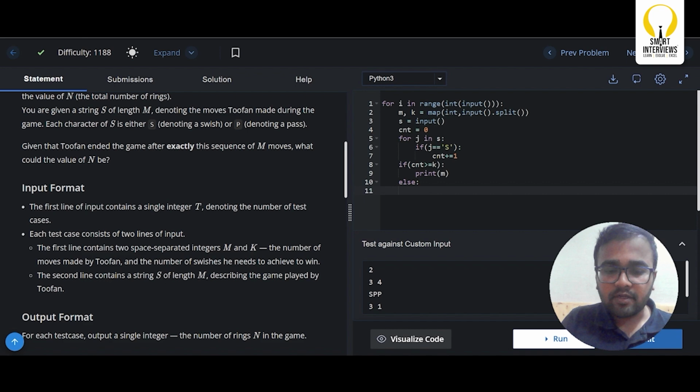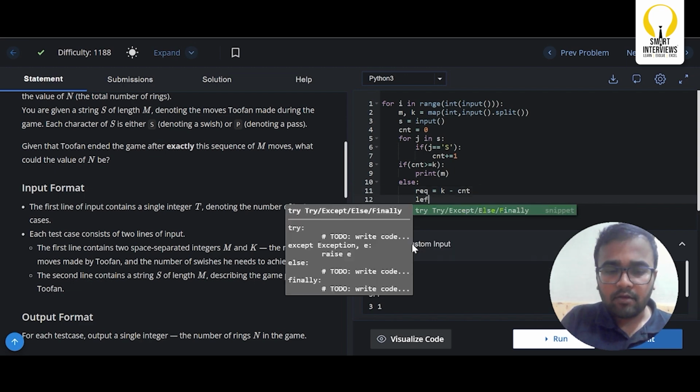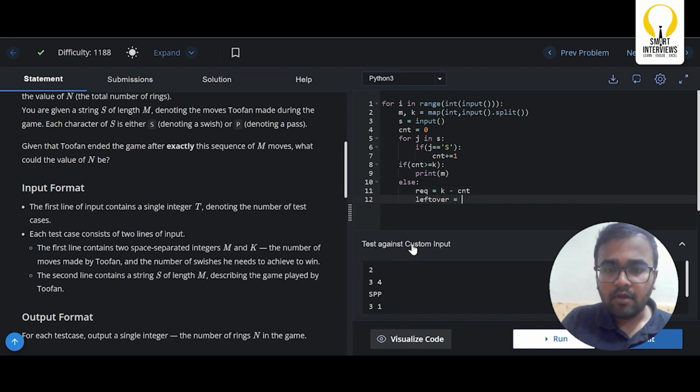Else there are no sufficient rings. So how many rings are required? For that, we first take the requirement, which is equal to k minus the actual swishes, and the leftover rings should be less than this. Only if they are less than this, it is not possible to get the number of swishes, and he will end the game.